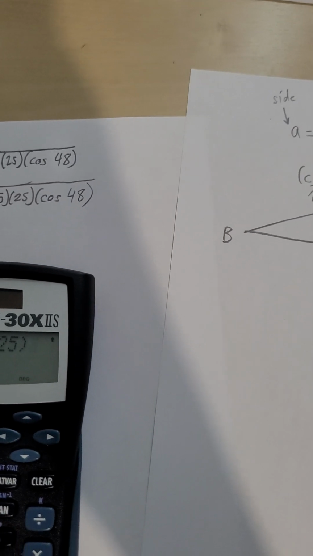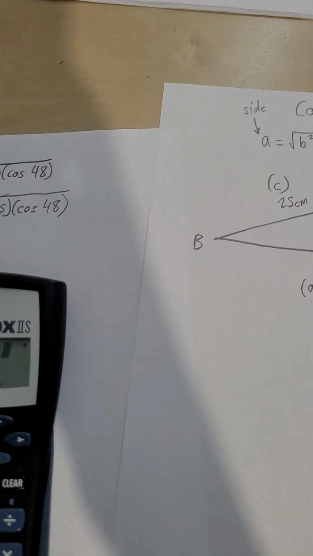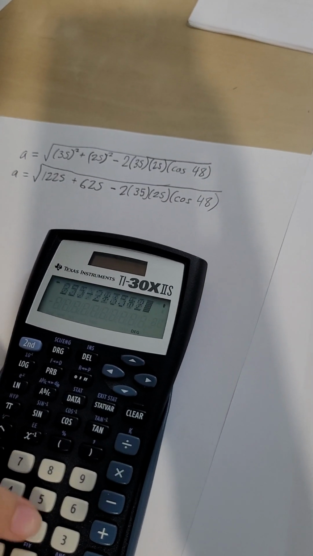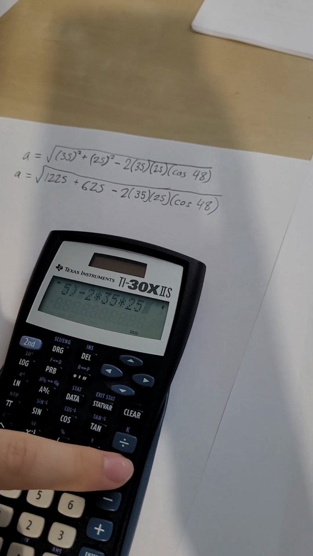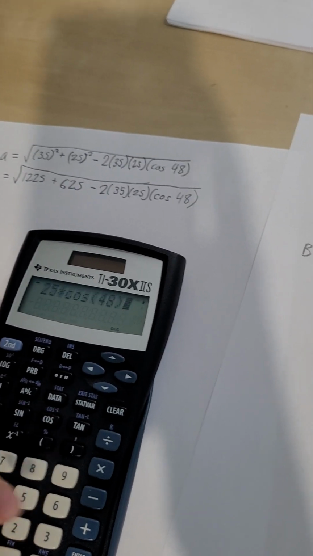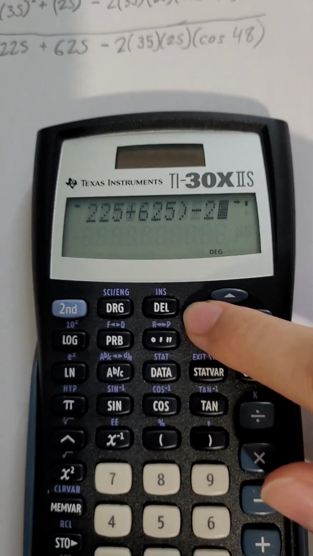And then we can close the brackets there, and then we're going to be subtracting 2 times 35, times 25, and then multiplying again by cos of 48. So over here, you will see the whole thing.